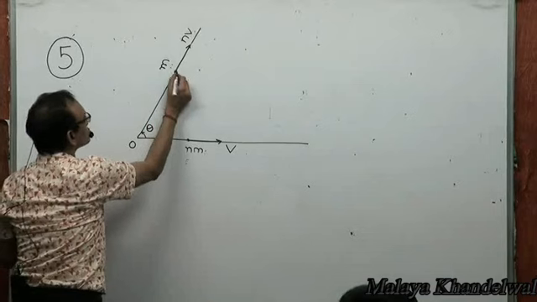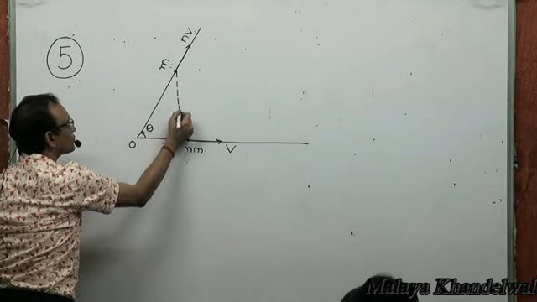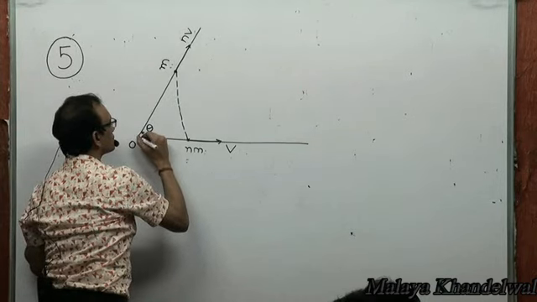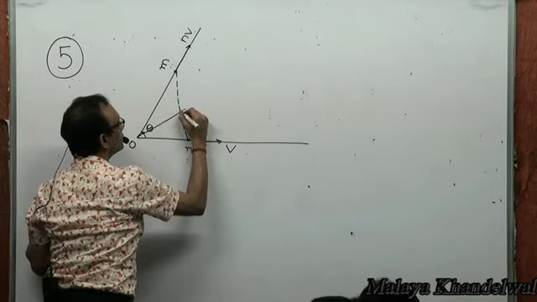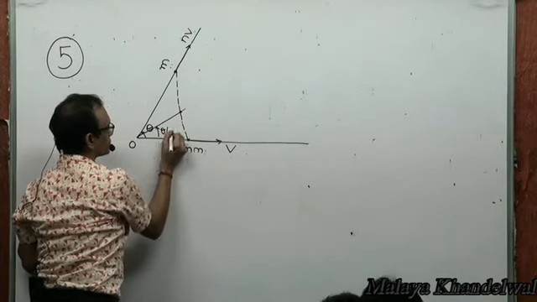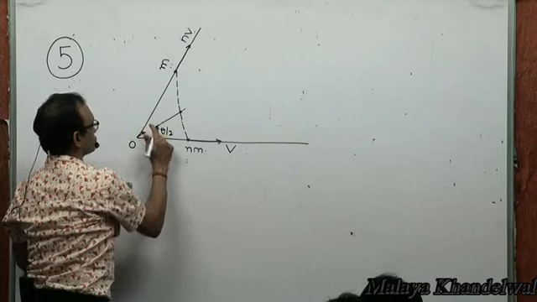It is found that the center of mass of these particles moves along the angle bisector. This is theta by 2. This is also theta by 2.